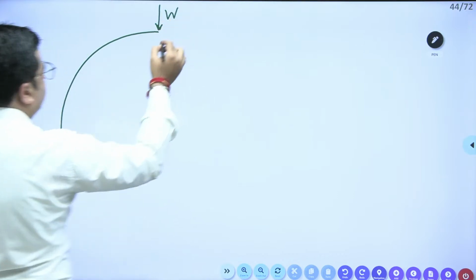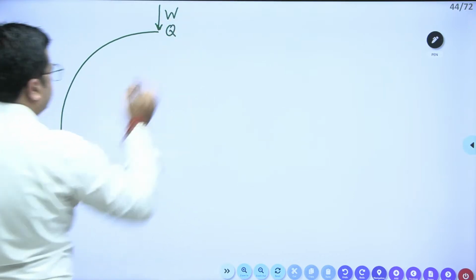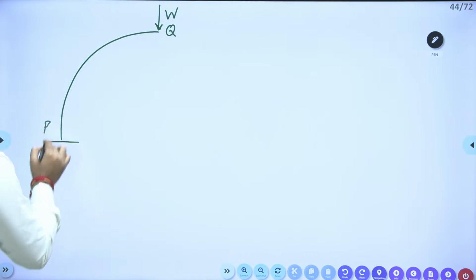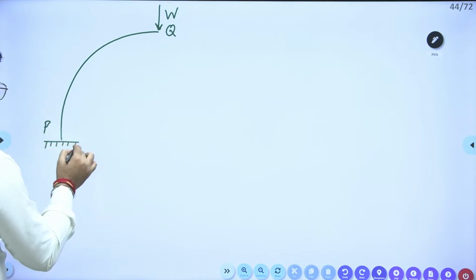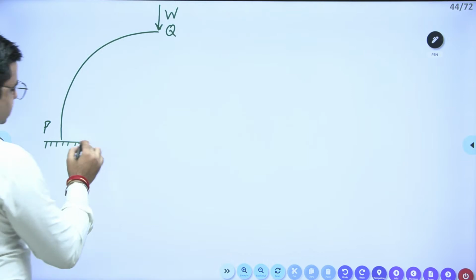This is my load W and this is Q. This is P. And this is the radius of the circle.